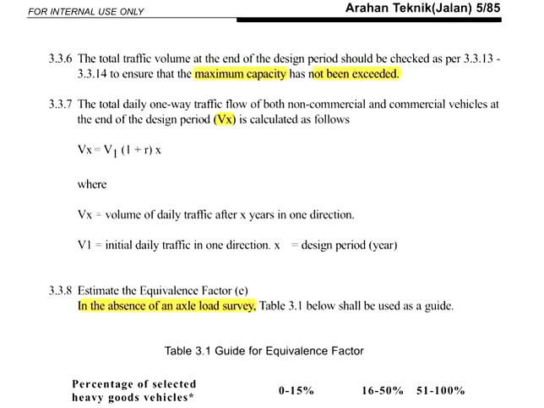The Arahan Teknik does not provide explanations on how to get the initial daily traffic in one direction, but you know the concept. The Vx is referring to the daily traffic flow for non-commercial and commercial vehicles at the end of the design period, whereas V1 represents the one-way traffic flow for both non-commercial and commercial vehicles at the initial stage of the design period.